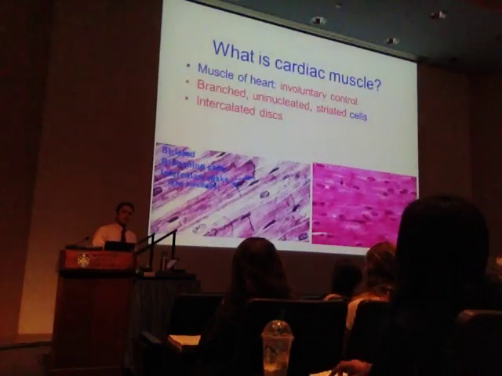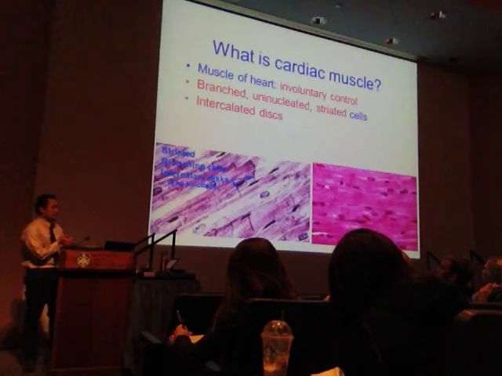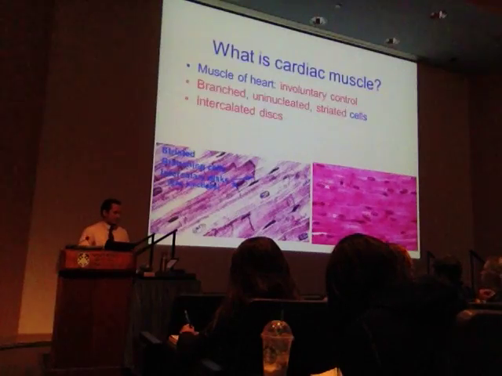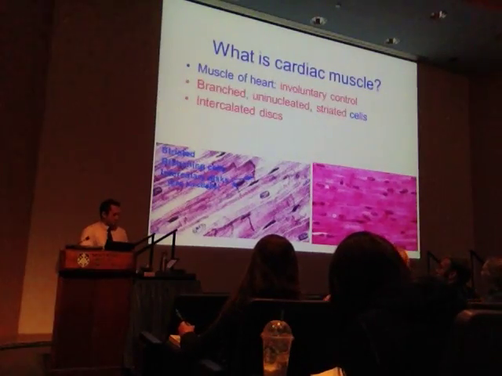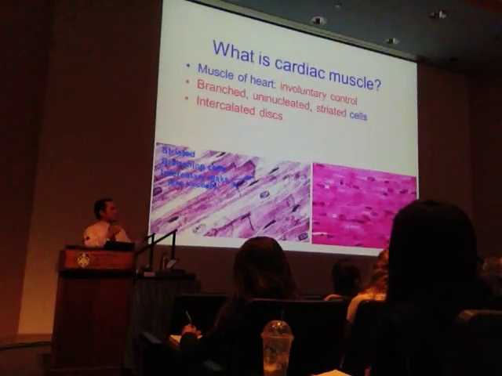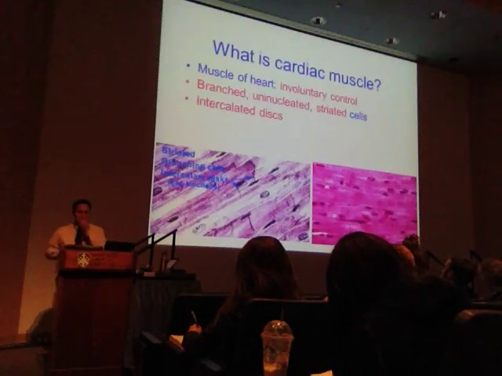Very similar to skeletal muscle is cardiac muscle, but this is under involuntary control. Right? You're not sitting here going beep, beep, beep, beep. Oh crap, I forgot to. So you don't have to think about contracting cardiac muscle. It's under involuntary control.